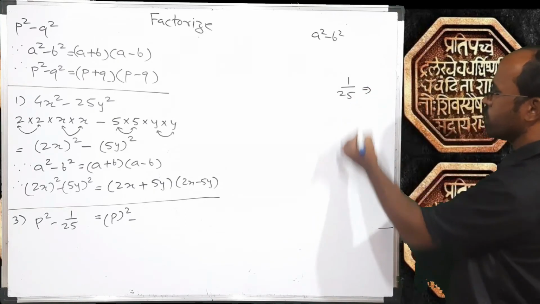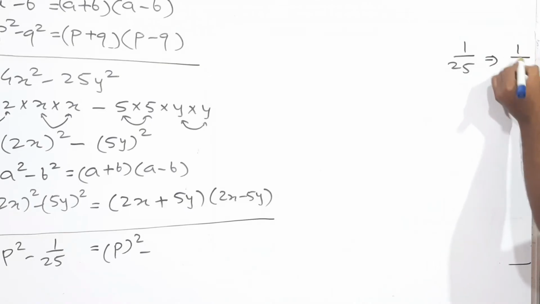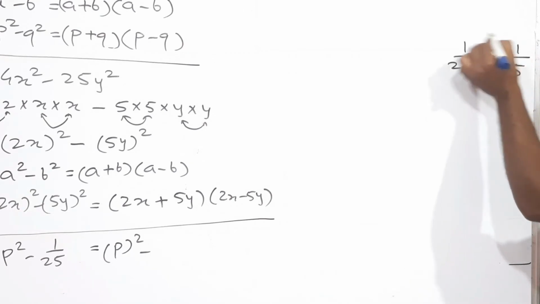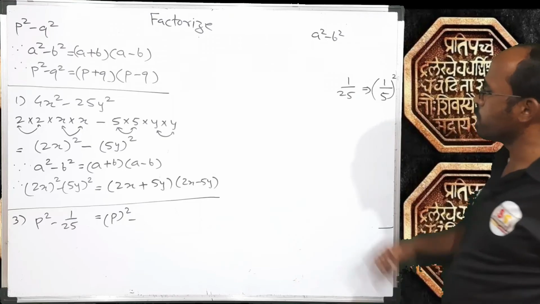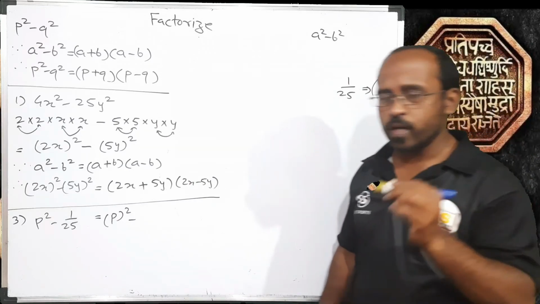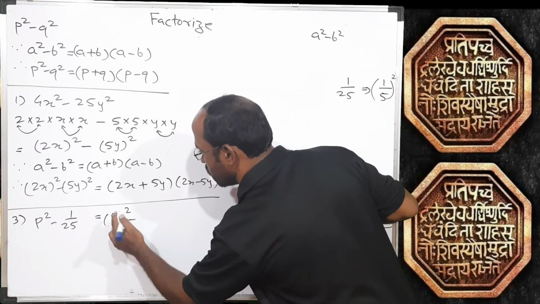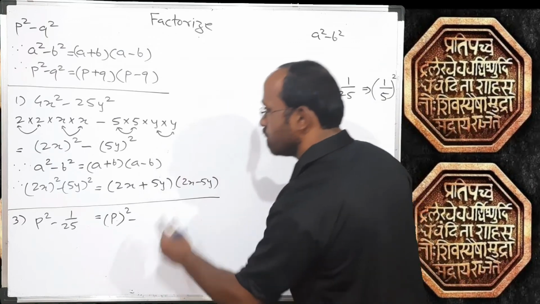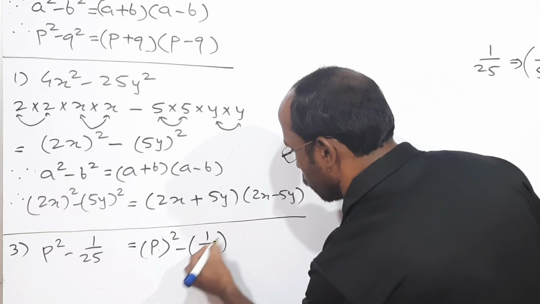So square root of 1 is 1, upon square root of 25 is 5, because 1 1s are 1, 5 5s are 25. Means we can say that 1 upon 25 is square of 1 upon 5. So this p square minus 1 upon 25 can be written as p square minus (1 upon 5) square.